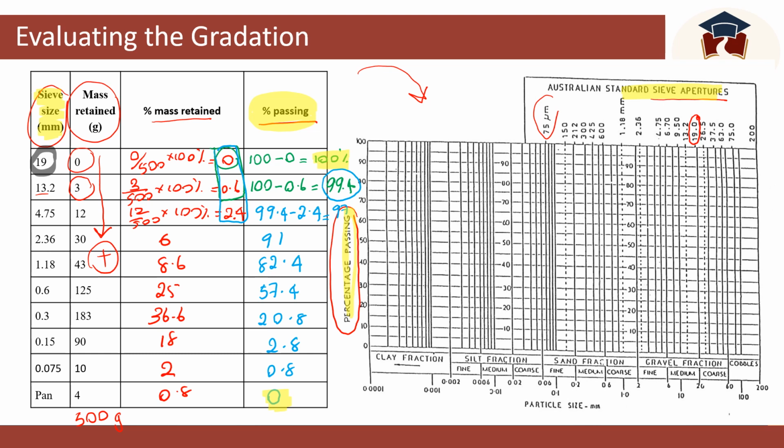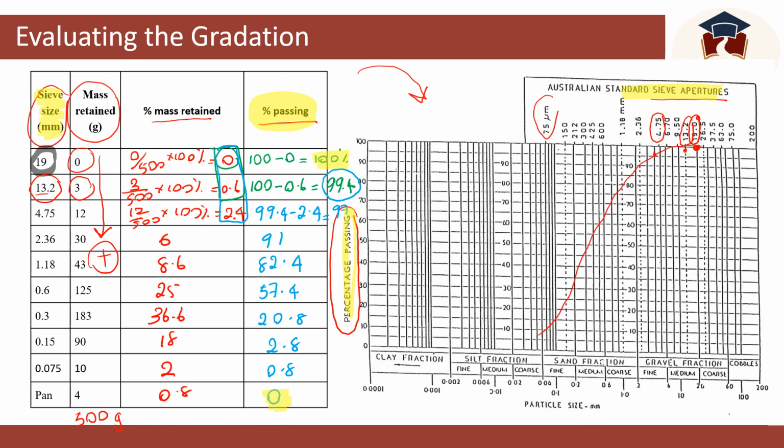So that will be the point over here. 13.2 is this one, and we have 99.4, so somewhere here. 4.75 is this one, and we have 97% for that. So this is 90, 95, so 97 is somewhere here. Likewise, you can plot all points and you will get a graph like this.